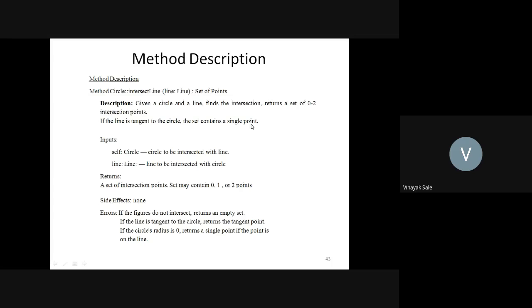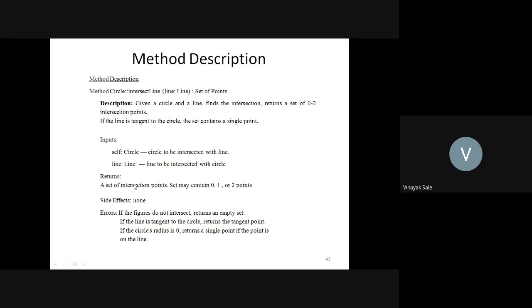You should know this concept. If the line is intersecting it is either at one point or 2 points, but if the line is a tangent, then there is a single point. So what are the inputs for this method? The circle and the line, these are the two inputs: the circle to be intersected with the line and the line to be intersected with the circle.